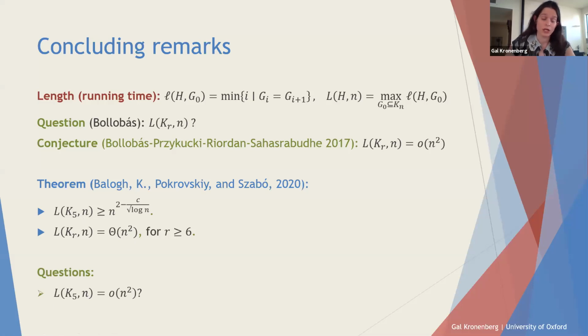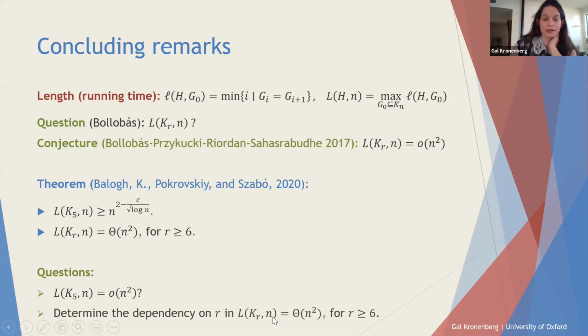And another interesting question is, I think, interesting too. So we know that for K_R, where R is at least 6, what we showed is that it's of order of n squared, so some constant times n squared, but this constant doesn't depend on R. So we don't know the dependency on R here, and it's quite clear that there should be some dependency on R, and we don't know it.